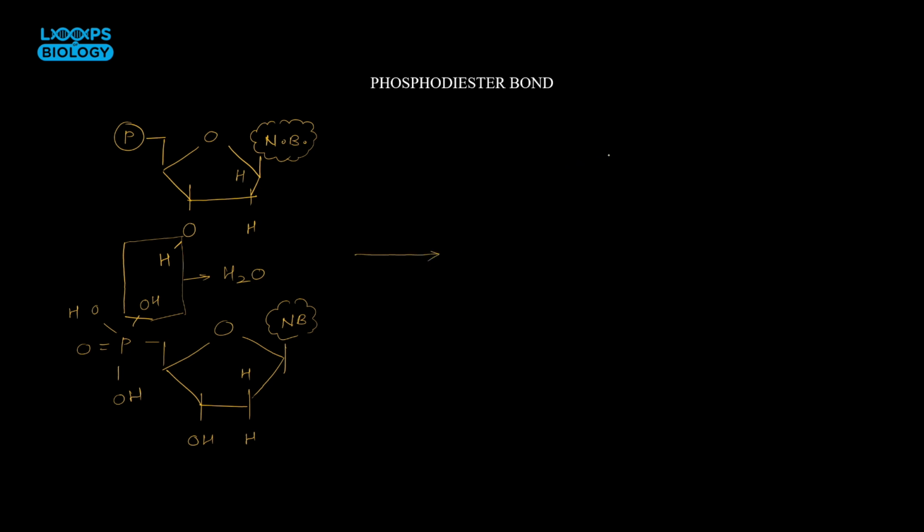Whenever I am considering a new structure, there will be the presence of sugar and oxygen attached to phosphate. This phosphate is going to have this kind of structure, oxygen, and there is carbon. This carbon is further attached like this, and finally the structure will be done.